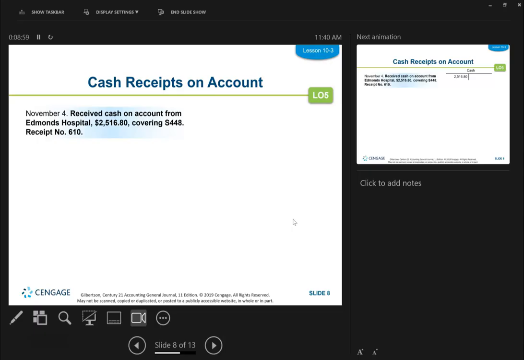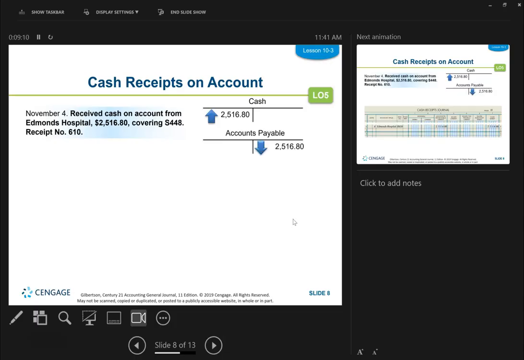It's just a distractor. It's the invoice that we would have written them. So we have all this cash that's come in, and it's going against their accounts receivable for Edmonds Hospital because now we have less money owed to us. That's why it's a down arrow on the accounts receivable.